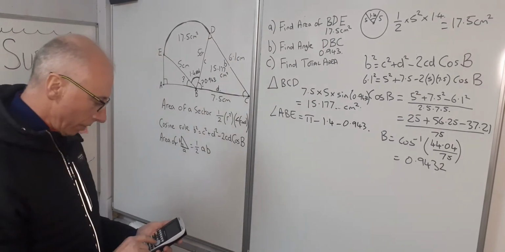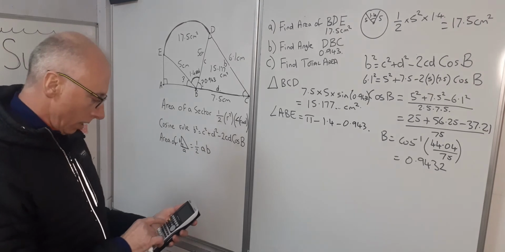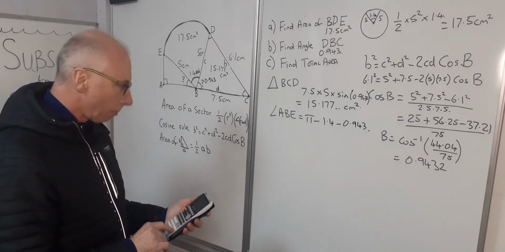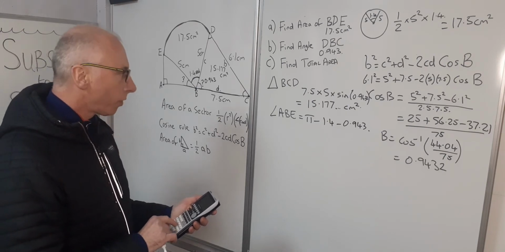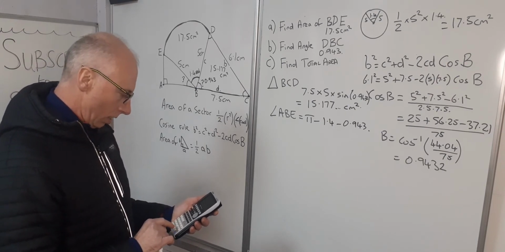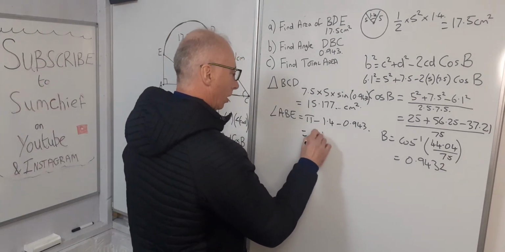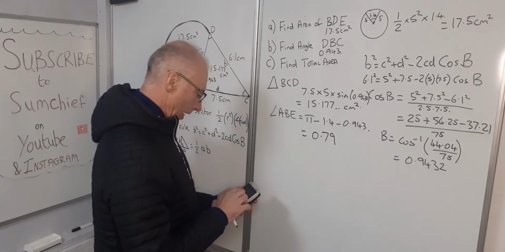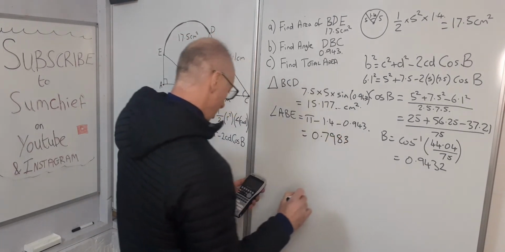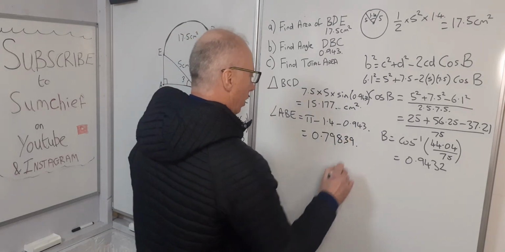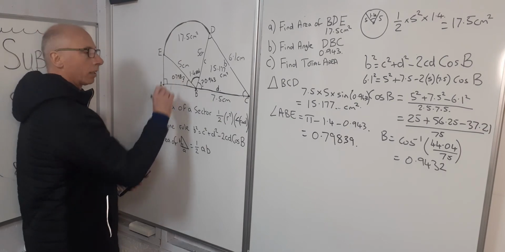Okay, so that takes care of that angle. So let's plug that into the calculator and see what we get. Pi minus 1.4 minus 0.943 gives us 0.7983. So that angle there we know is 0.798.